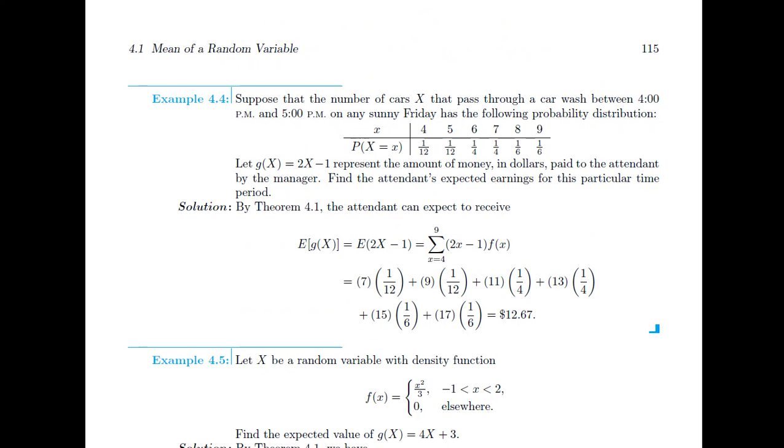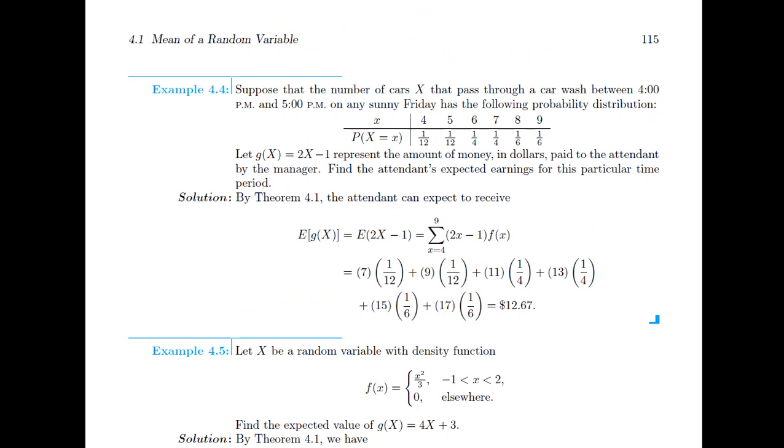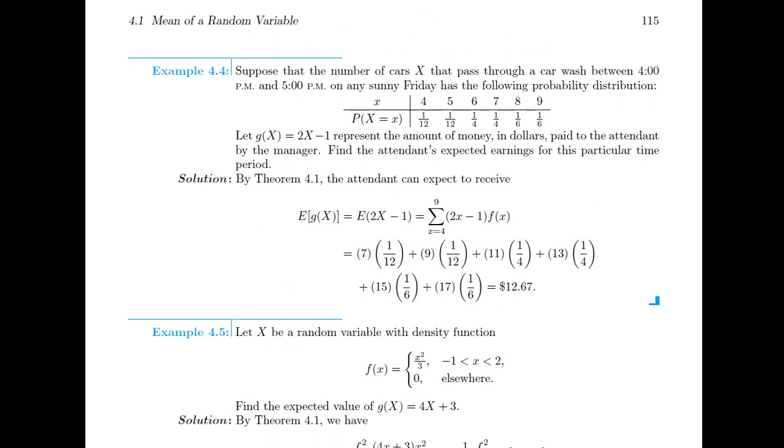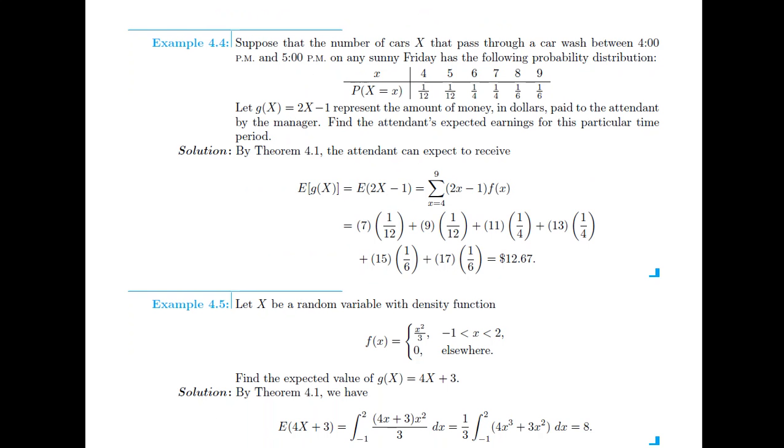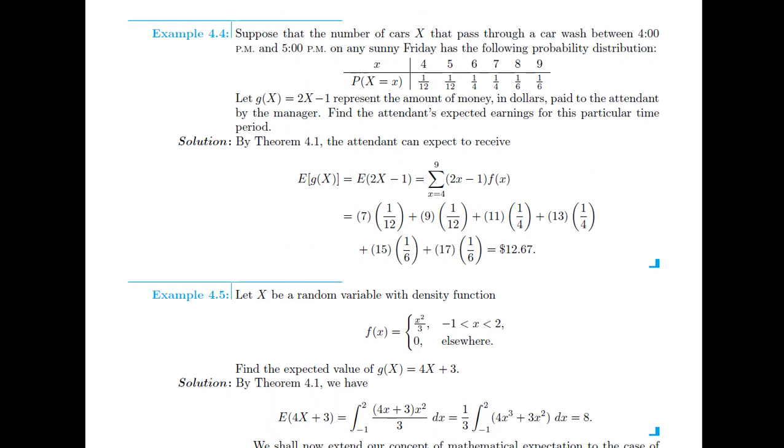For example, suppose that the number of cars X that pass through a car wash between 4 p.m. and 5 p.m. on any sunny Friday has the following probability distribution, as in the following table. Let g(X) = 2X − 1 represent the amount of money in dollars paid to the attendant by the manager.